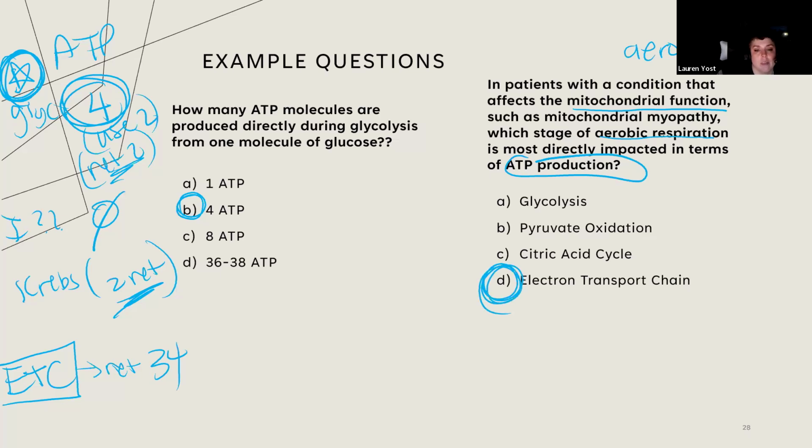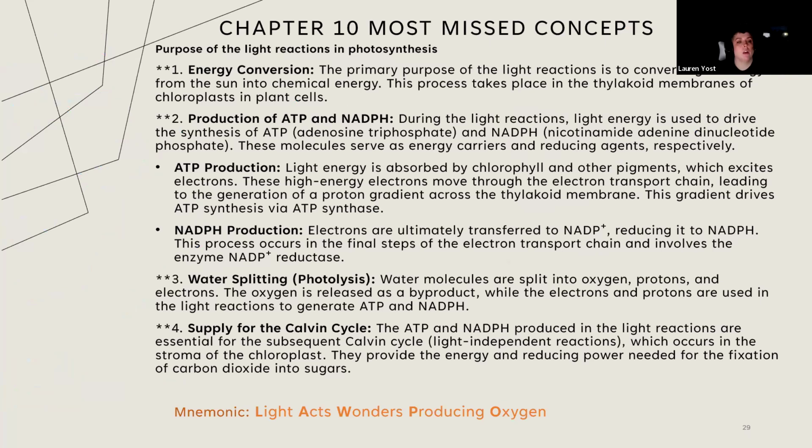Electron transport chain. Glycolysis, you have a net 2. Pyruvate oxidation, you don't make any. Citric acid cycle, you have a net 2. Electron transport chain is going to be the one that makes the most ATP and therefore the most significantly directly impacted. It's also what happens on the actual inner mitochondrial membrane.